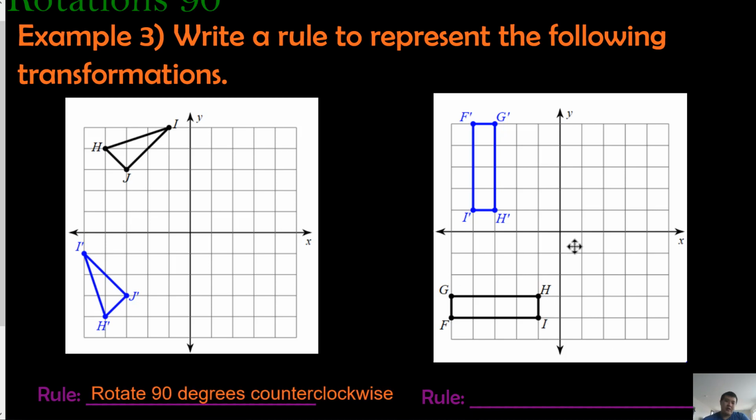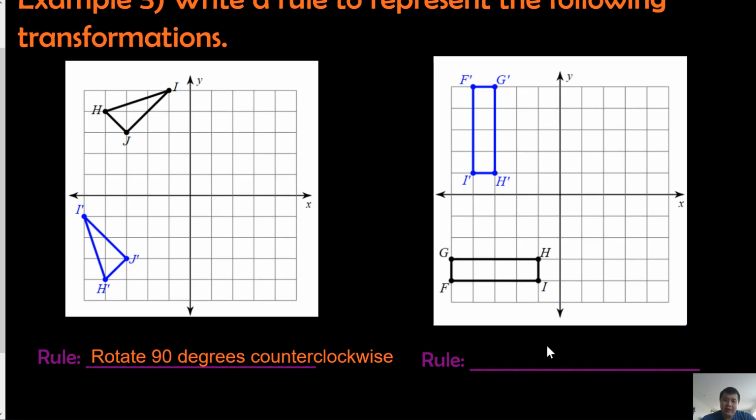This is the pre-image, this is the post-image or image, and here we can see that this negative 1, 3 becomes negative 3, 1. Okay, so we can see that this is a rotation as well, and this time it's going clockwise. Okay, clockwise. So it's a rotation of 90 degrees clockwise.